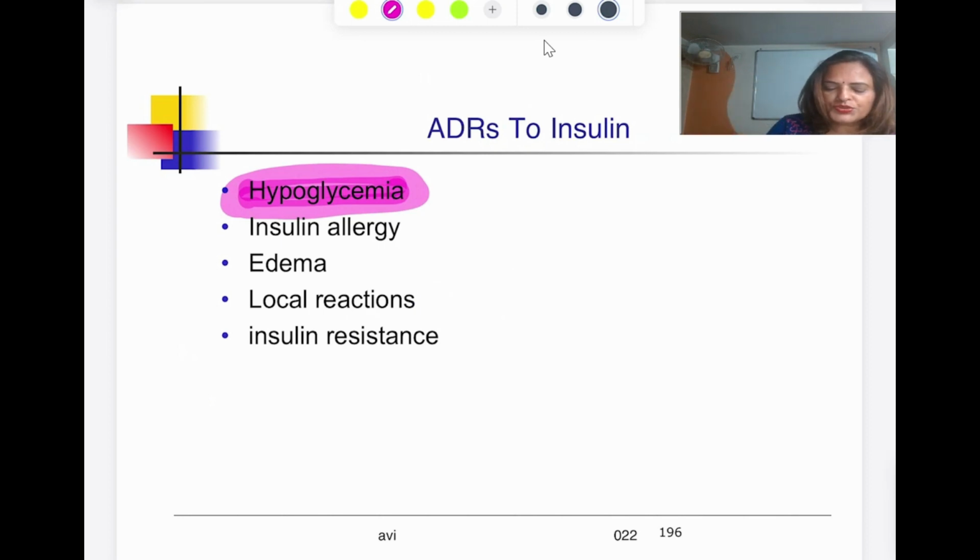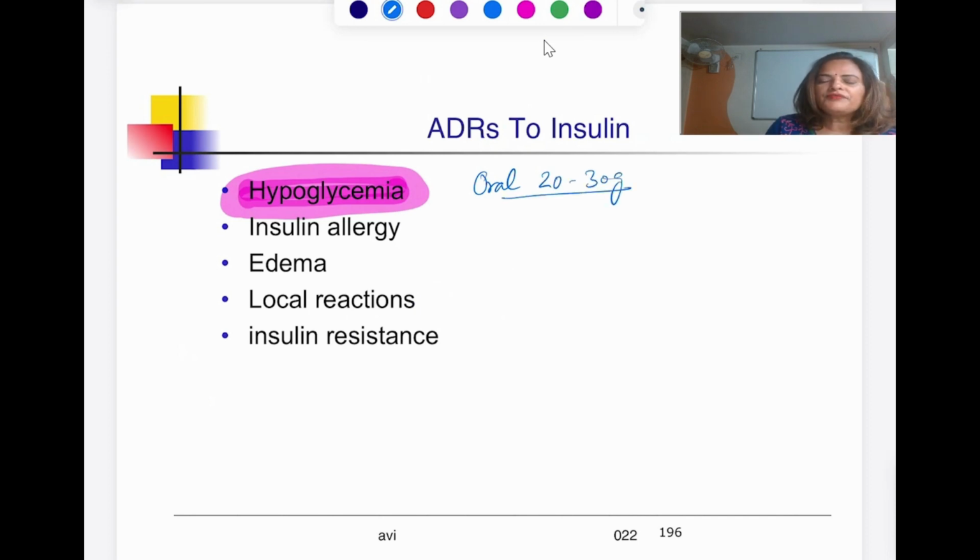Now how to treat, because it is very easy to treat. Give oral glucose, 20 to 30 gram, and if the patient does not give a response, again repeat the same oral dose after 20 to 25 minutes. If the patient is not showing the response to oral, then give parenteral glucose, by the IV route.